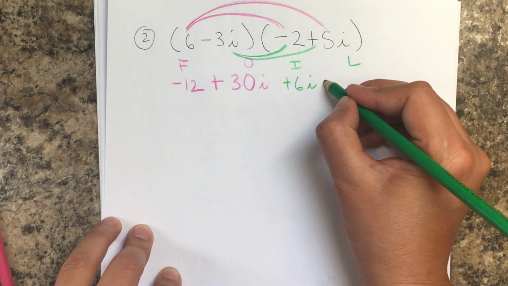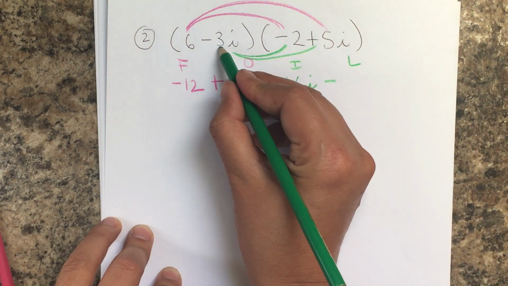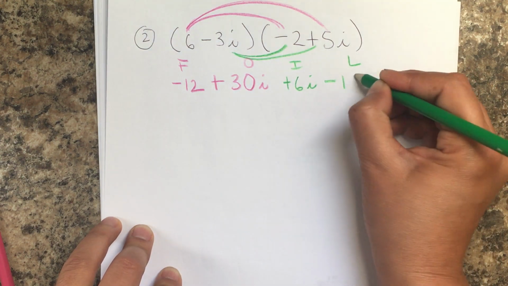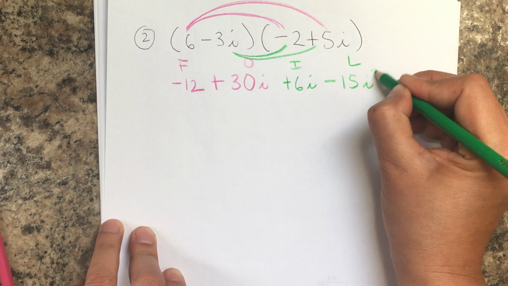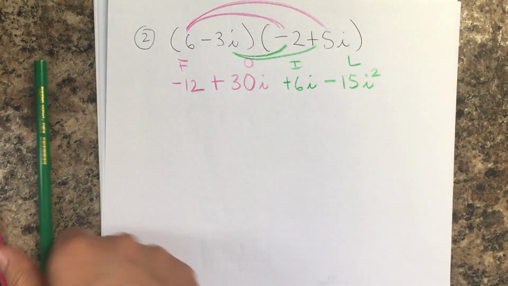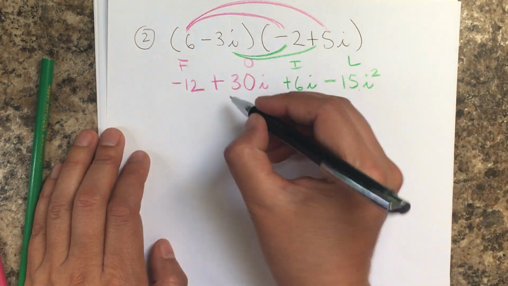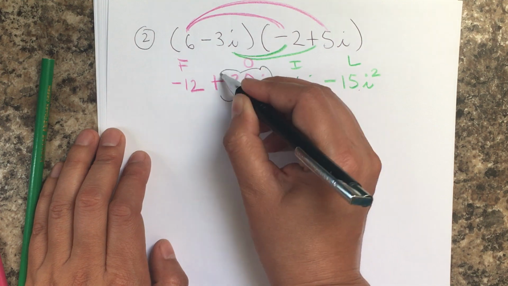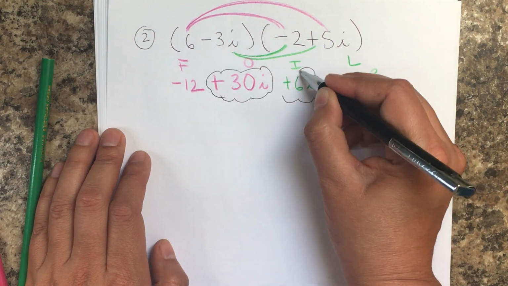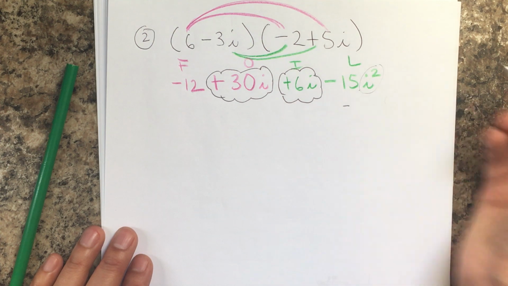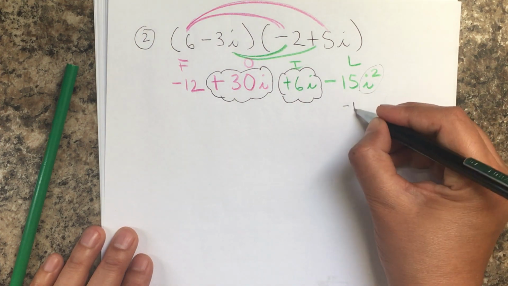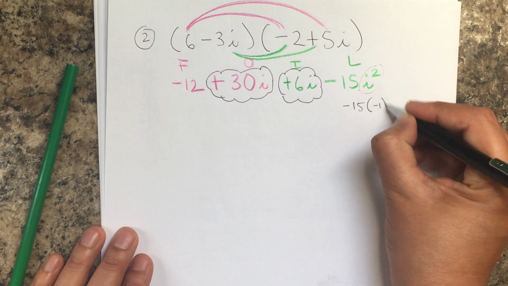Negative times positive is negative, and 3 times 5 is 15, and i times i is i squared. Okay, we'll do that on the side and combine these like terms. So we know that anytime I have i squared, that's negative 1.